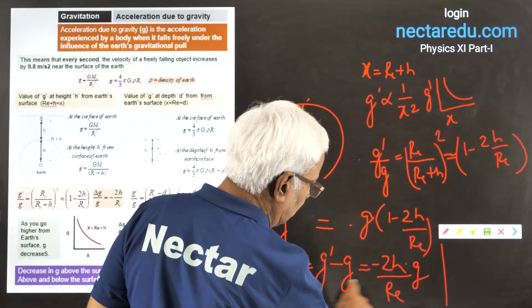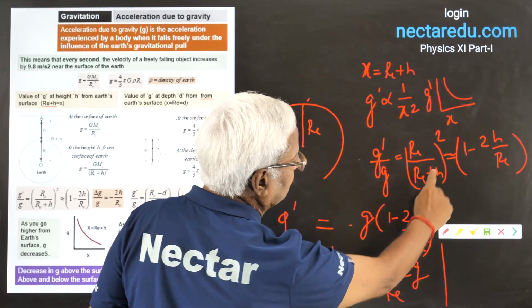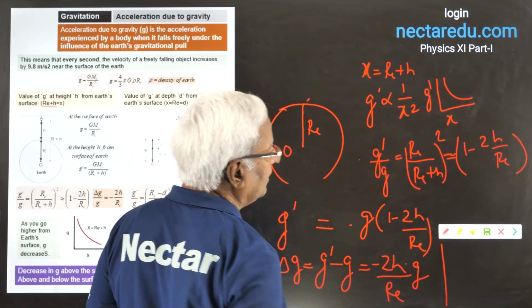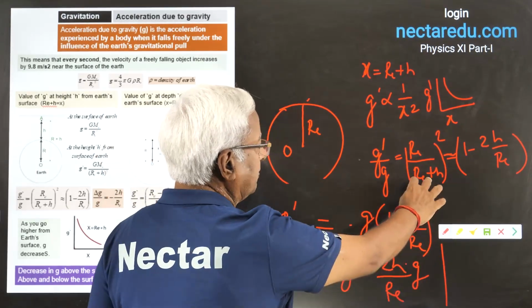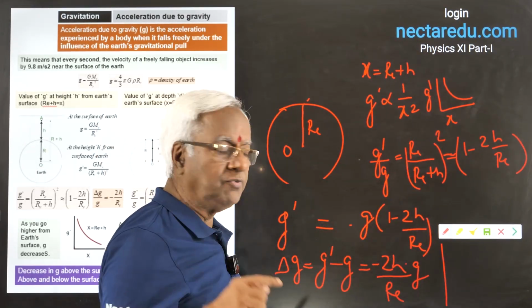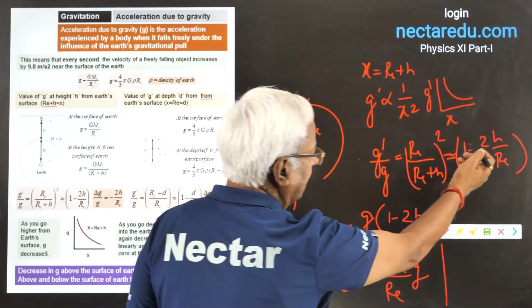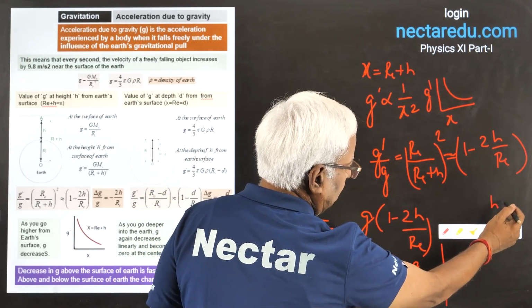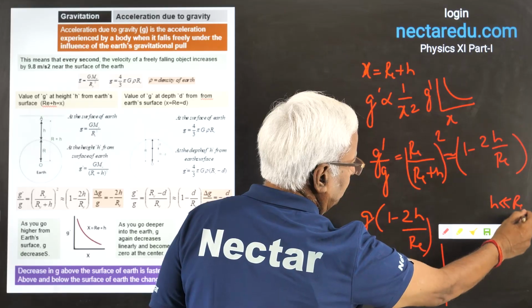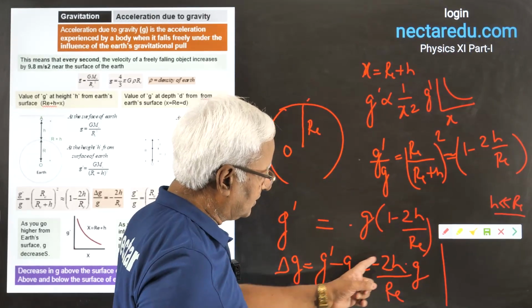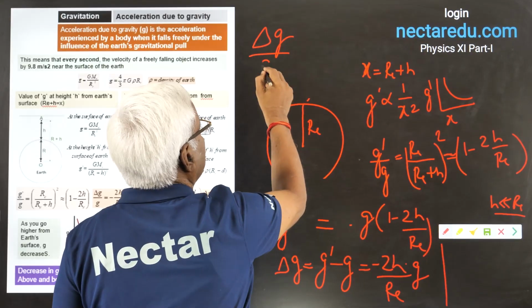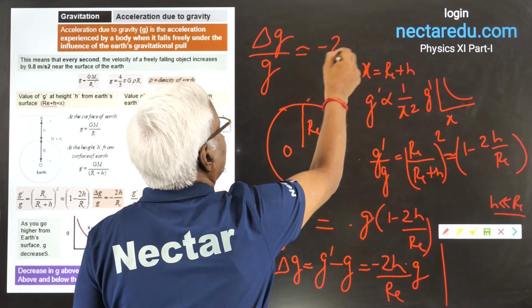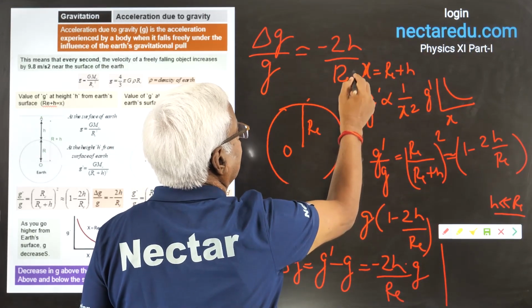You are going to get this only if you approximate, because binomial theorem is applicable only when the whole fraction in the power is less than 1. So one approximation is applied: h is very small, only then this relation is going to be applied. Finally you get delta g upon g equal to minus 2h upon RE.